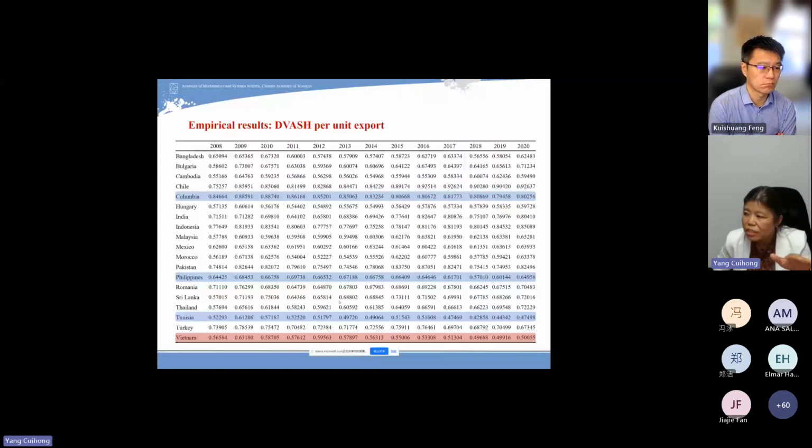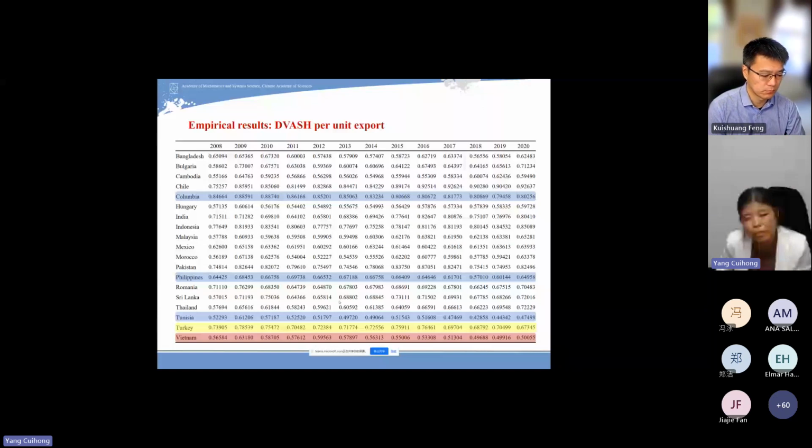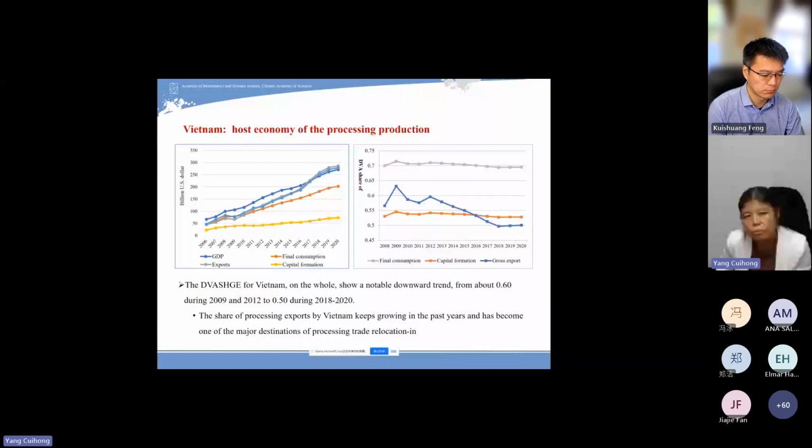But this is an observation from the data. We can also use some clustering techniques to group the economies that may be destinations of industrial relocation of processing exports. And this is the estimation for Vietnam.